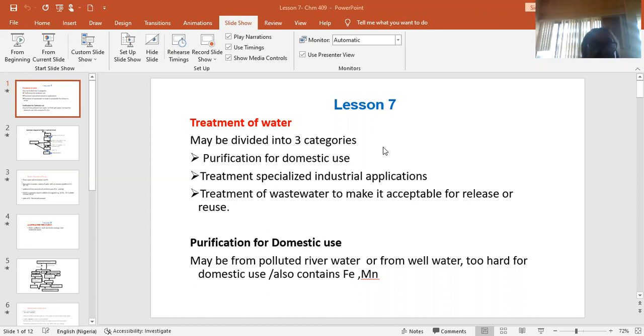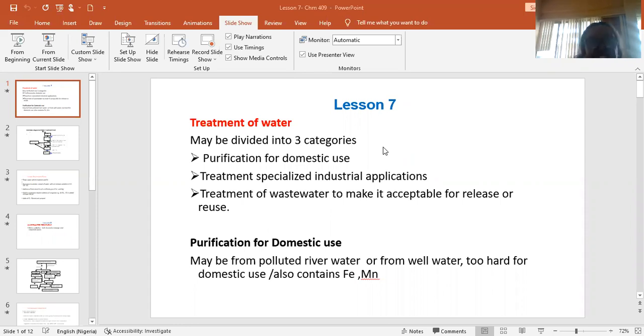So let's start with purification for domestic use. How do you get your pure water? Some of this pure water is from wells. How are they treated? Some of you might want to later on in life, which is what I'm encouraging everybody now, it's not just about book work, it's not about theory, about knowing chemistry. You must have some skills. You must put this chemistry into use to produce food for yourself.